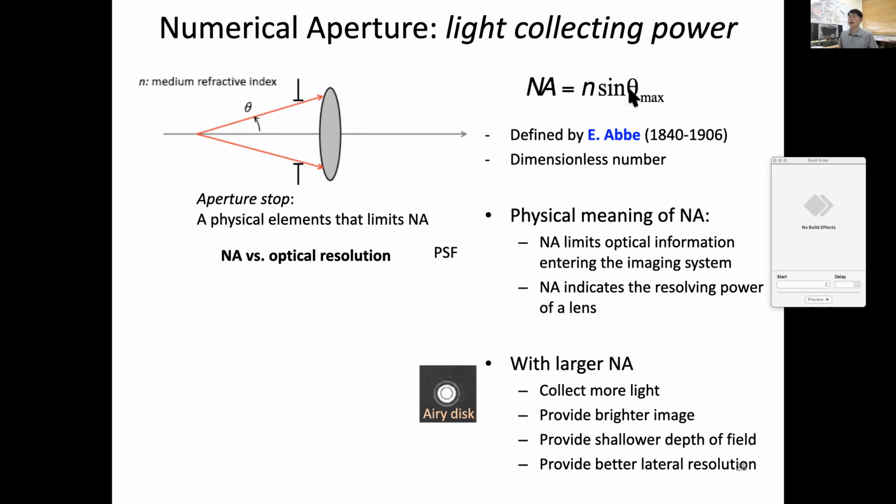So then what's the important thing we have to understand for getting high resolution? So you see there's an aperture stop over here, a physical element, which is like an iris, okay? So if you want to have high resolution, you increase this iris or aperture as big as possible.